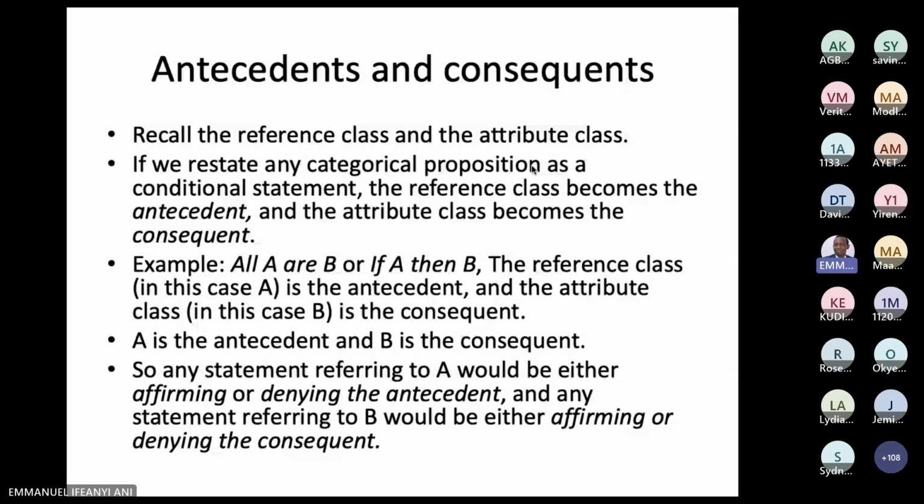So for example, all A are B, or if A then B. The if part, which is A, is the antecedent, and the then part, which is B, is the consequent. So the reference class, in this case A, is the antecedent, and the attribute class, in this case B, is the consequent. So A is the antecedent and B is the consequent.